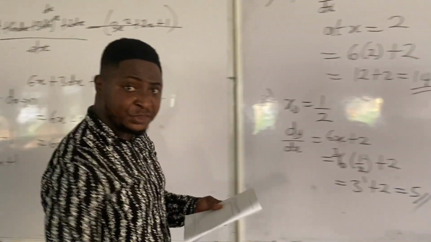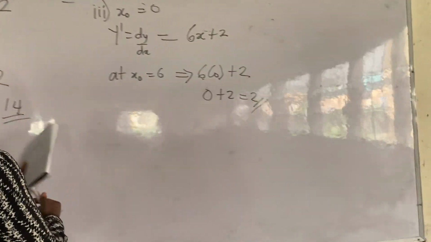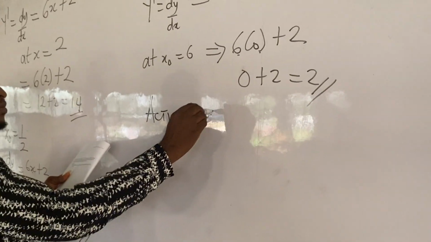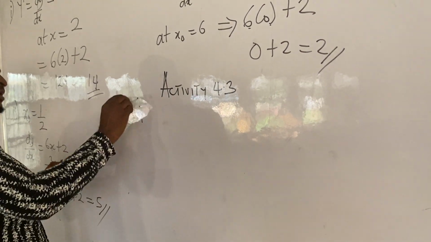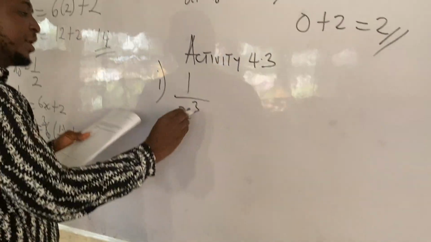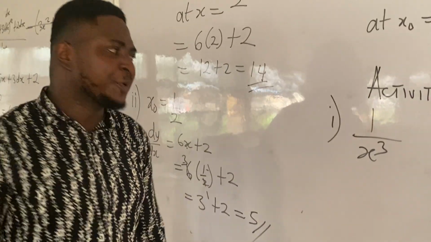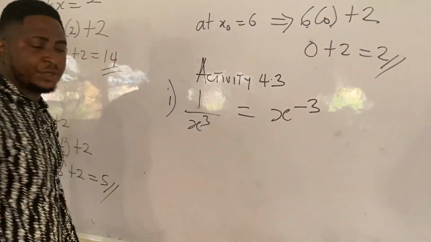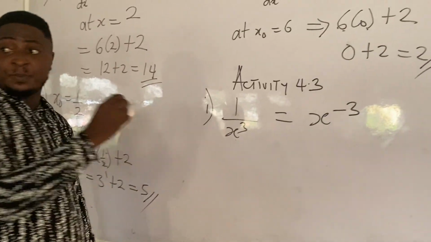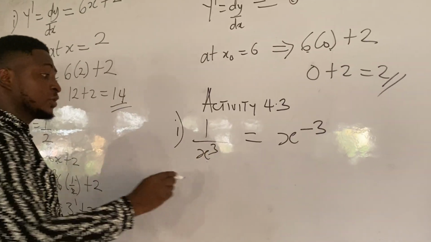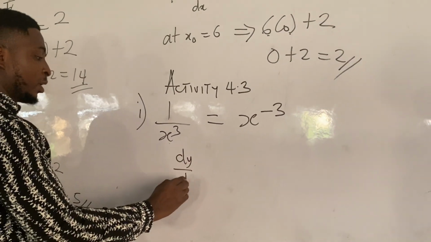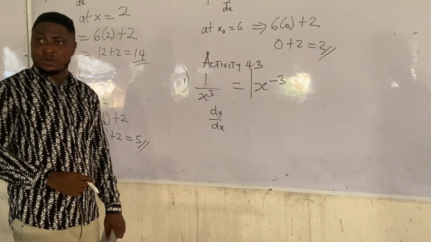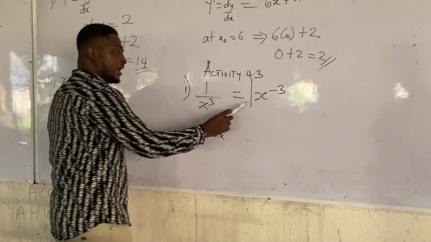Let's do it here. Activity 4.3. Part i says 1 all over x raised to power 3. Now without using first principle, 1 over x raised to power 3 can be written as x raised to power minus 3. When x raised to power 3 comes up, it takes a minus sign. So therefore, dy dx, and class, x raised to power minus 3 is written as 1 times x raised to power minus 3.